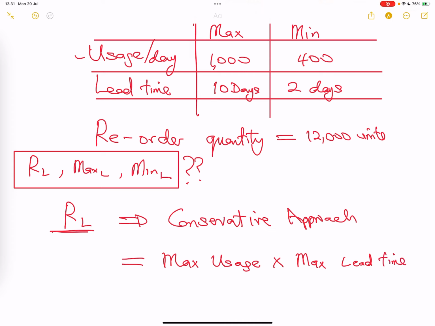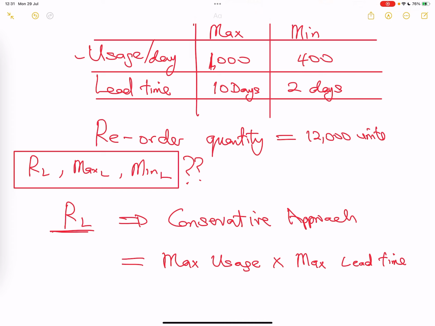So reorder level is trying to ensure that you have enough inventory on worst case scenario before a new order will come in. Because we know that if we are operating on an unusual day where our consumption is always 1,000 maximum level, it means that every day we will need 1,000.